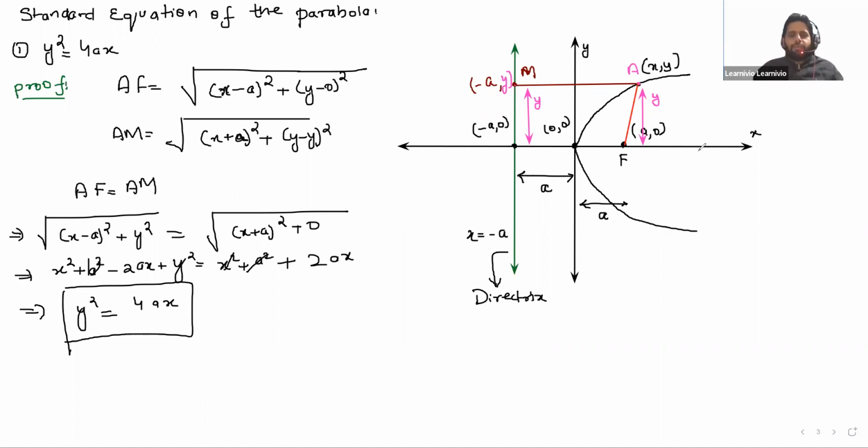So anyone can tell me the equation of this? This is axis, we have already done that. What is the equation of axis? So y is equal to 0. Very good. So please note down this: equation of directrix is x is equal to minus a, and equation of axis is y is equal to 0. Please complete this one and let me know once this is completed.